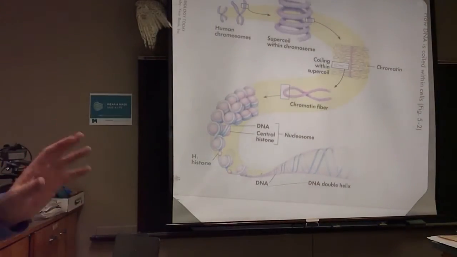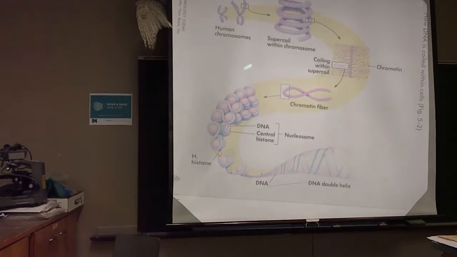There's only a few different types of histones. They tend to be remarkably similar across a very wide swath of living things. You can see here they're showing different ways of how it packs together. We're not going to get that far into that.